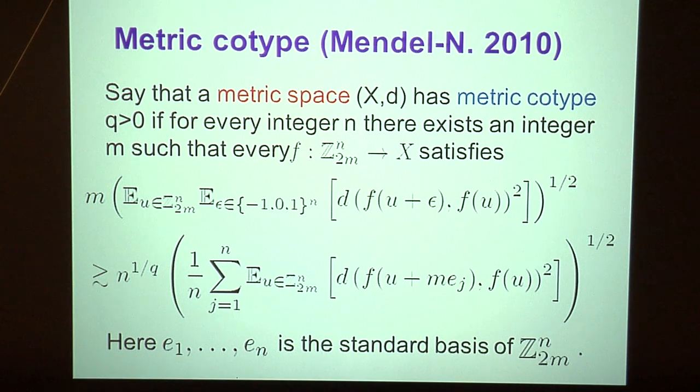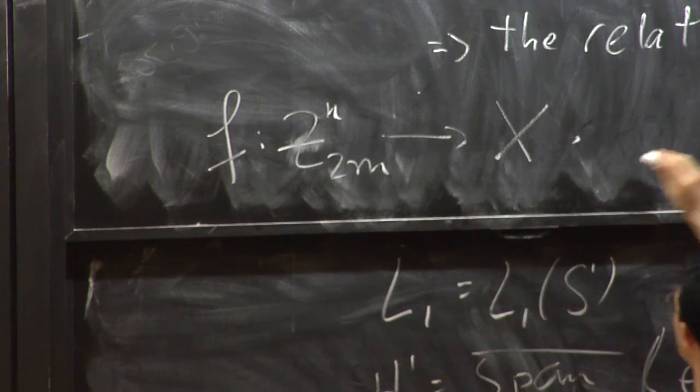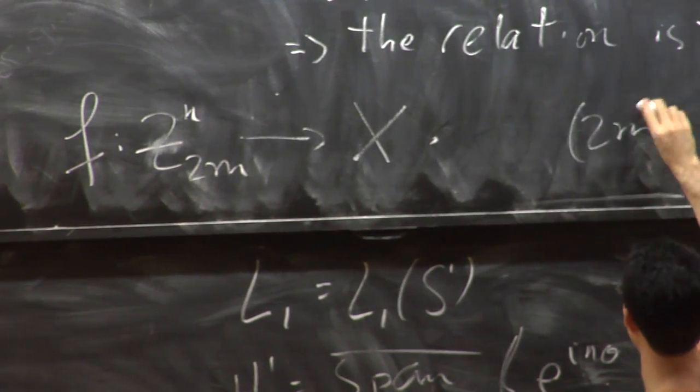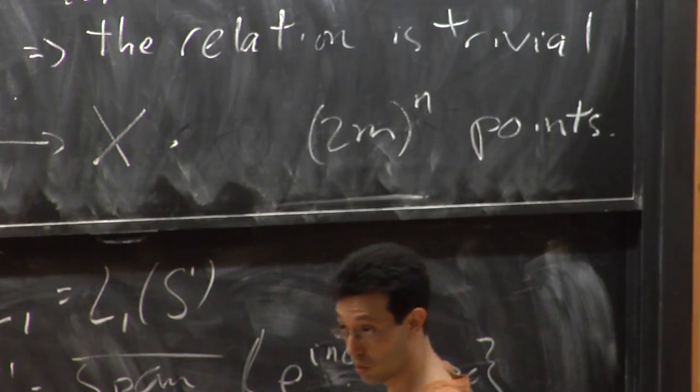And we'll say that it has metric cotype Q if whenever you give me an integer n, I can find an integer m such that now, instead of cubes, I look at the integer grid, the discrete torus Z_{2m}^n. I want it to be even for some technical reason. I take an arbitrary mapping from this into the metric space, which is nothing more than 2m to the n points indexed by the torus.